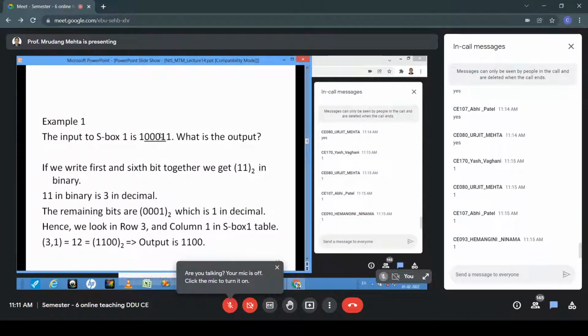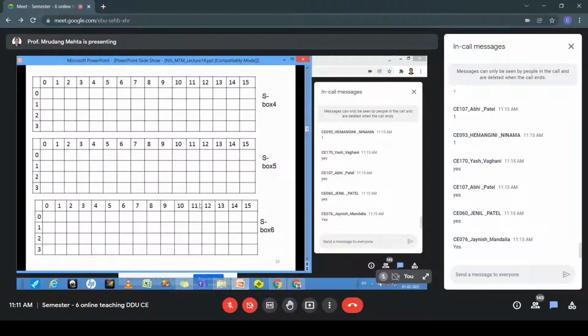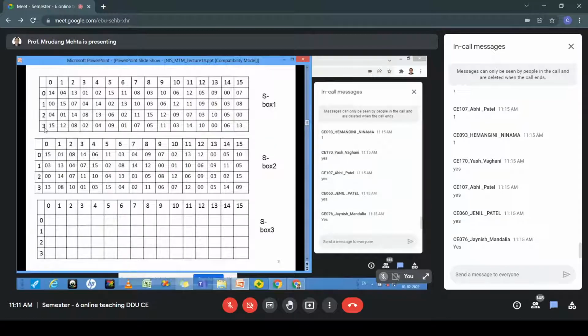The last bit is 1, so it is 1. That is the column number. So row number 3, column number 1. What is the value at row number 3, column number 1?